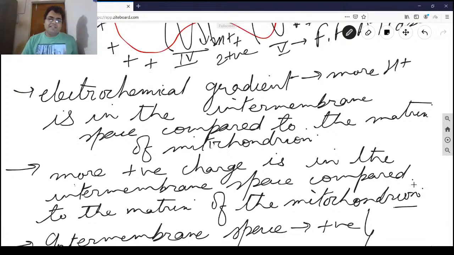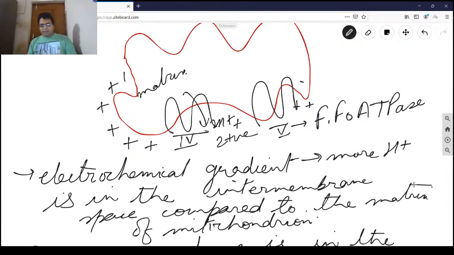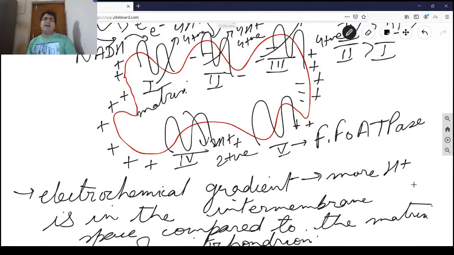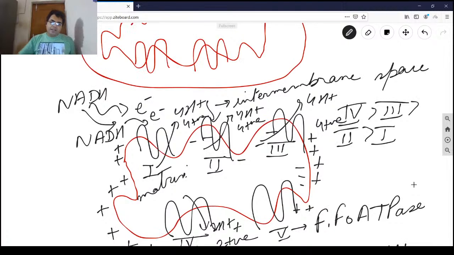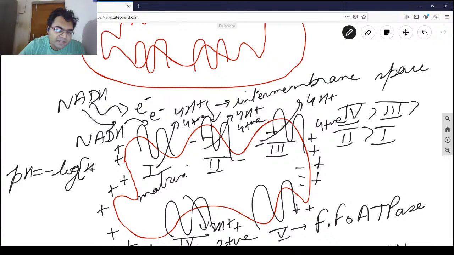Then, when 4H plus each time, and in complex 4 2H plus, are being effluxed to the intermembrane space from the matrix, where does the H plus concentration become greater? In the intermembrane space compared to the matrix. And you must have read the equation that pH is equal to minus log H plus. So pH is inversely related to the concentration of H plus.